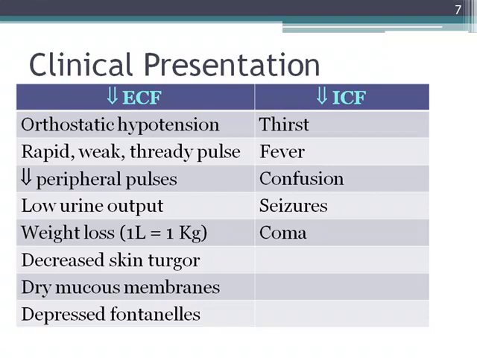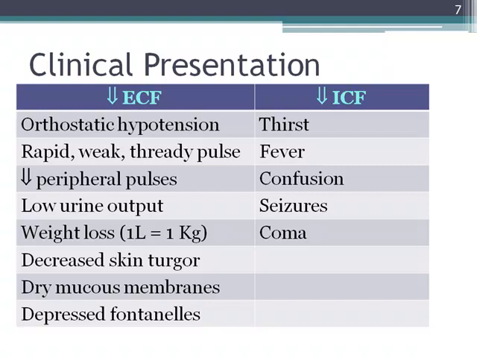So our extracellular compartment is depleted, and that has all the same signs and symptoms that we looked at last week when we looked at isotonic changes, where only the extracellular compartment was depleted. Those same signs and symptoms will appear here because our extracellular compartment is low. But in addition, we'll begin to have signs of intracellular dehydration as well. We might see fever and thirst, but it's these mental status changes that we're most concerned about.